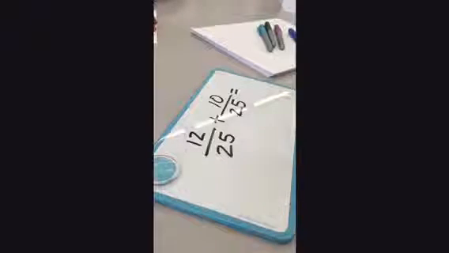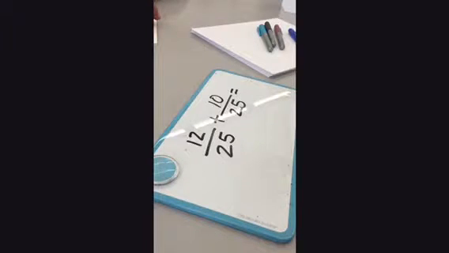So let's go with your answer first. What do you say, 21/50? Because 12 plus 10 equals 21, and 25 plus 25 equals 50.